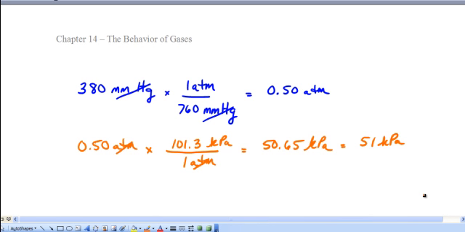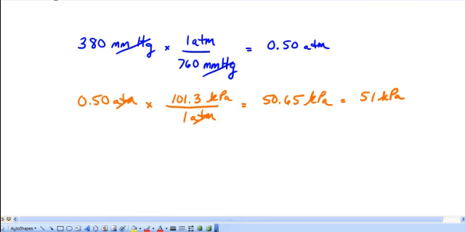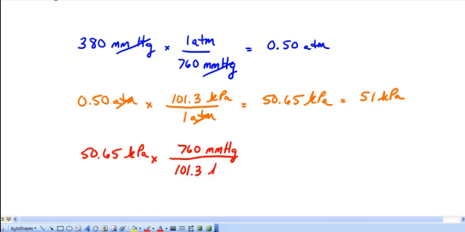Now, we could go back from kilopascals to millimeters of mercury. Let me change colors again here. If we started with our 50.65 kilopascals, we could go back into millimeters of mercury because 760 millimeters of mercury is the same as 101.3 kilopascals. The kilopascals would divide out top and bottom.